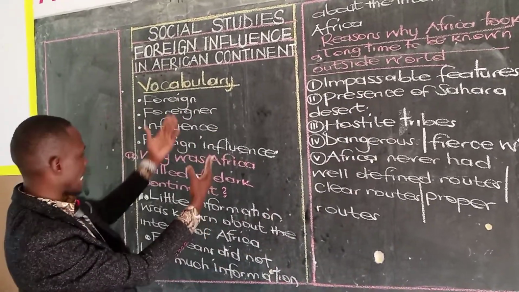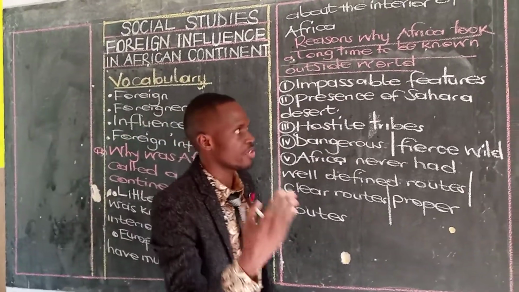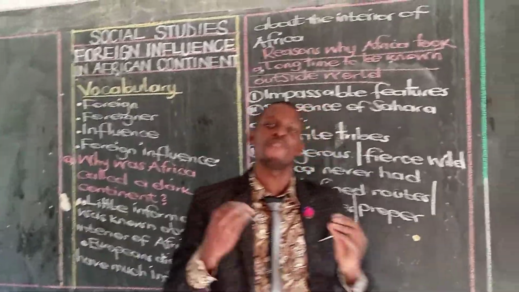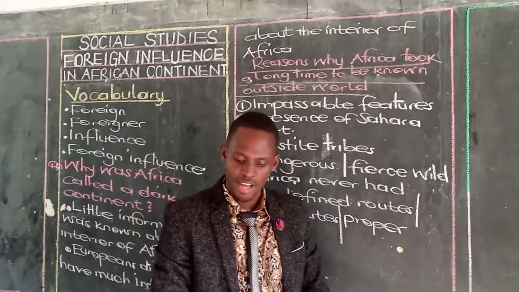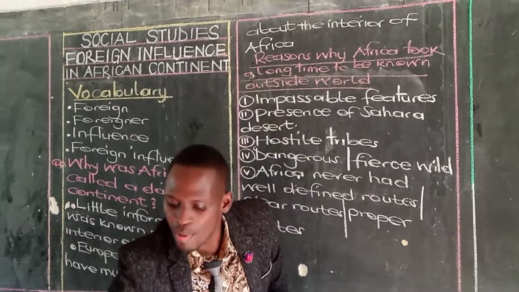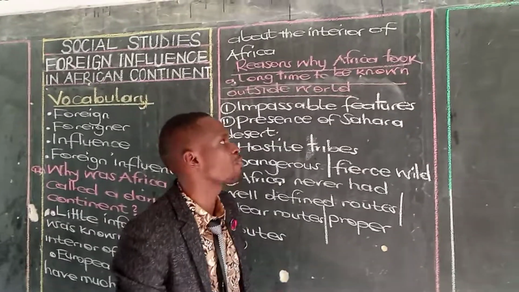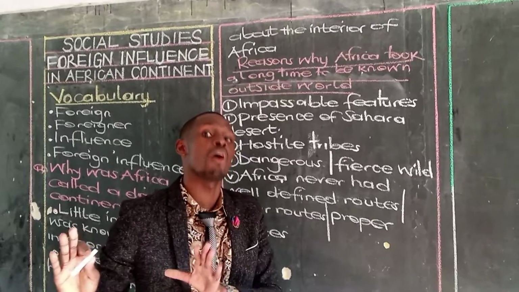Now, having looked at all this, at this material time we want to look at groups of foreigners that came to Africa. There were mainly two groups of foreigners that came to Africa, basing on the origin.